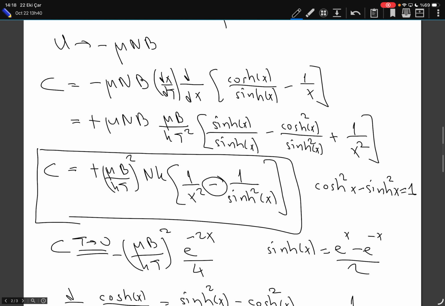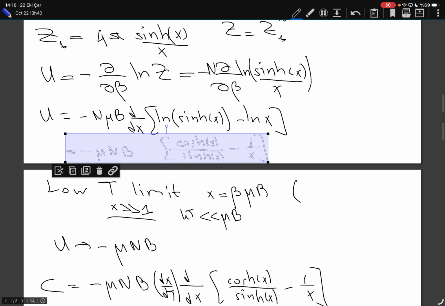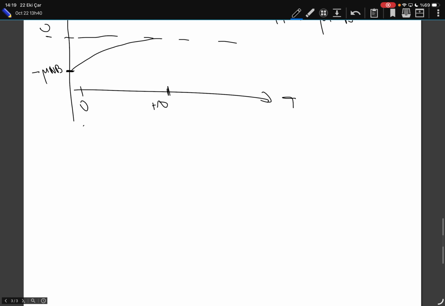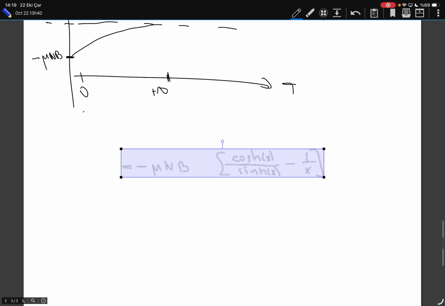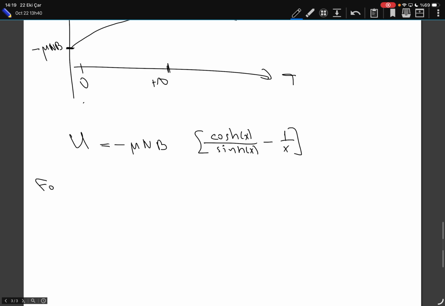Well, let's go back and look at the expression of the energy. This is U. And let's say that I want to find the conditions under which U is positive.